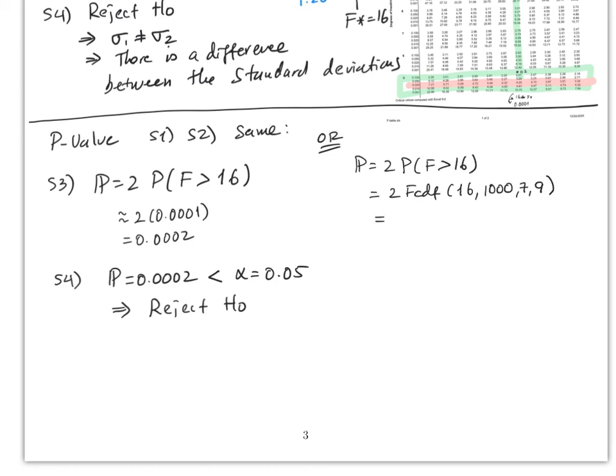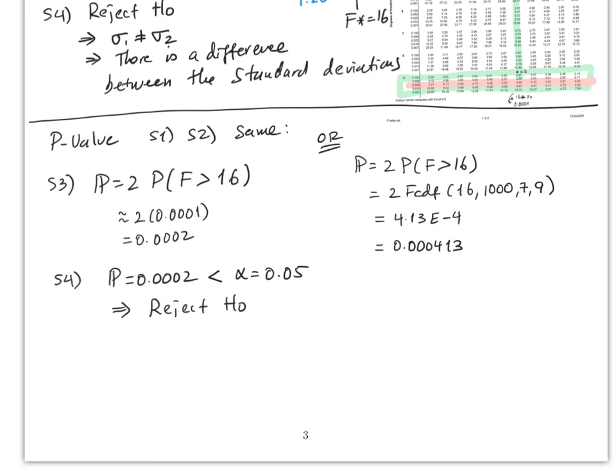And if you use the calculator, once you multiply times 2, the answer is 4.13 E to the minus 4. Remember what this means. This means 0.000413.